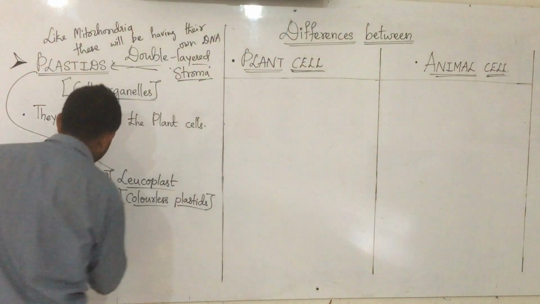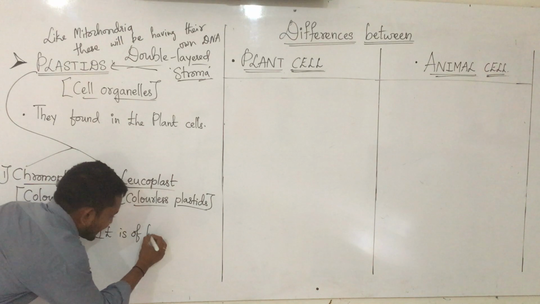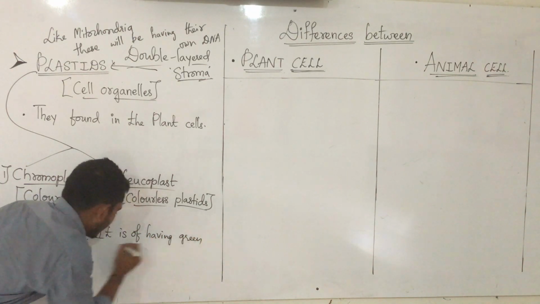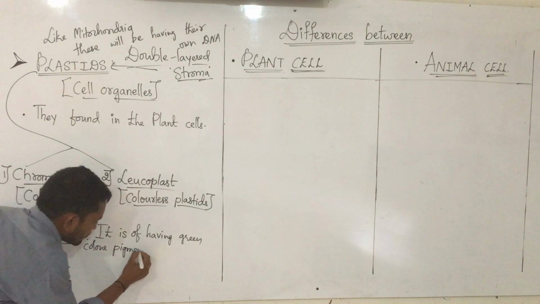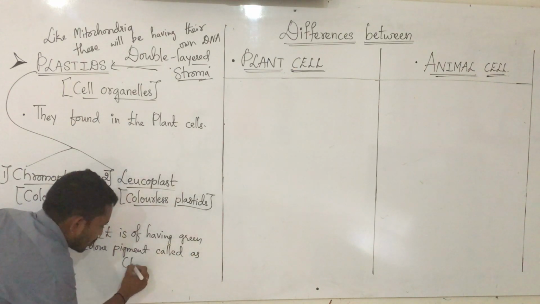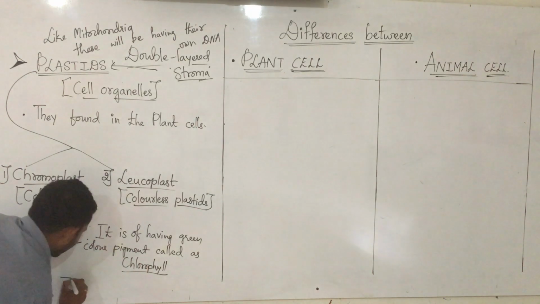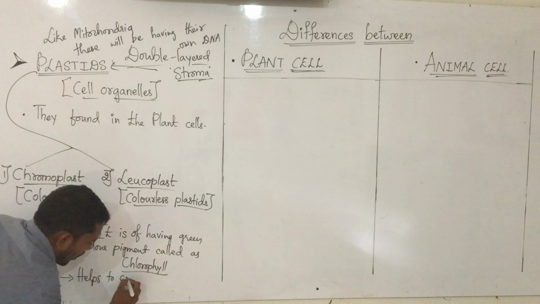So chloroplast has a green color pigment called chlorophyll, which helps photosynthesis to occur.